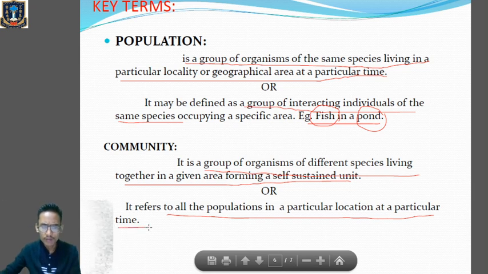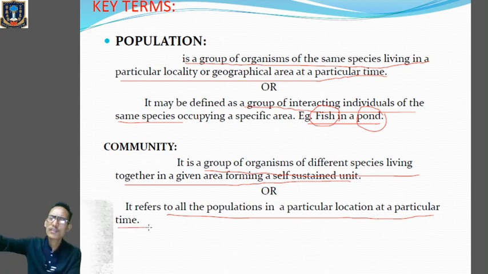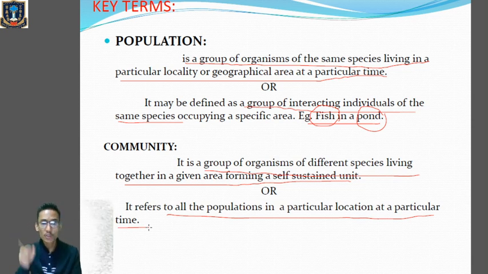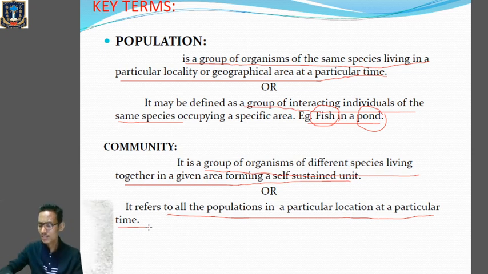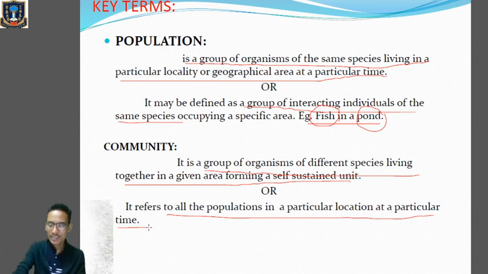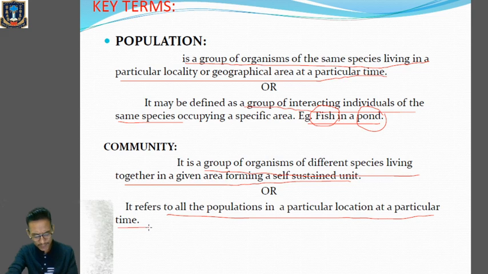Population means the group of organisms belonging to the same species, and community means the group of organisms which belong to different species. The species can be tiger, lion, or deer. All those organisms which belong to different species form the community. So these are the key terms you have to remember: what is population and what is community.